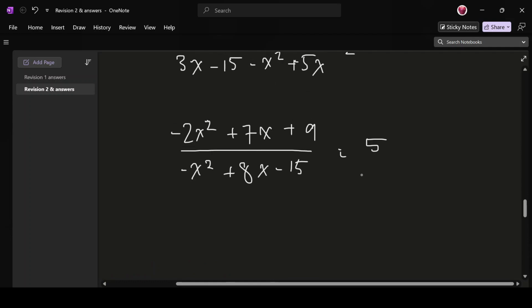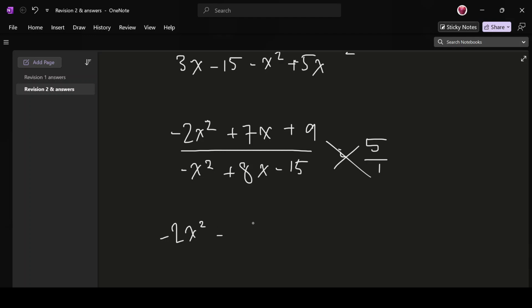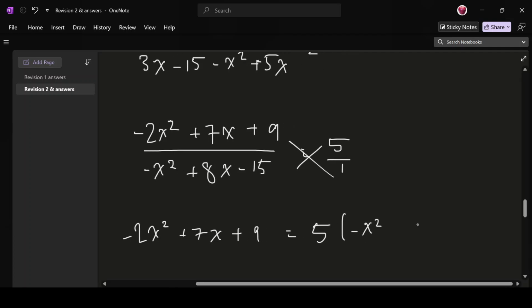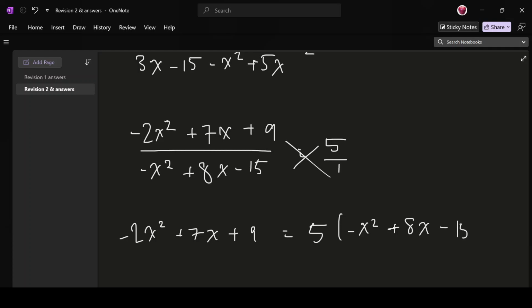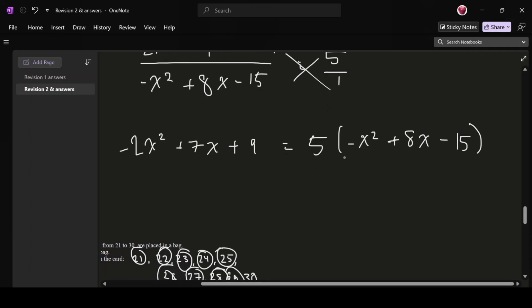Now we just cross multiply. This is 5 over 1, so yeah, we cross. Negative 2x squared plus 7x plus 9 is equal to 5 times negative x squared plus 8x minus 15. Okay, now we just do this, and this.